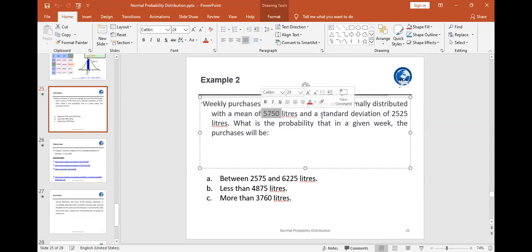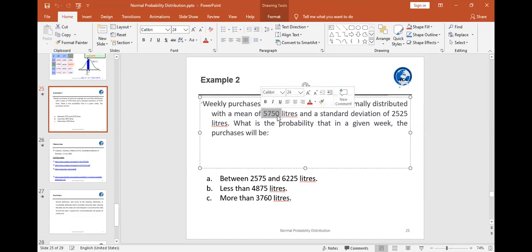It does not always have to be 5,750 liters, but it can be 5,000 or 6,000, 7,000, or 4,000, but it should surround this number.